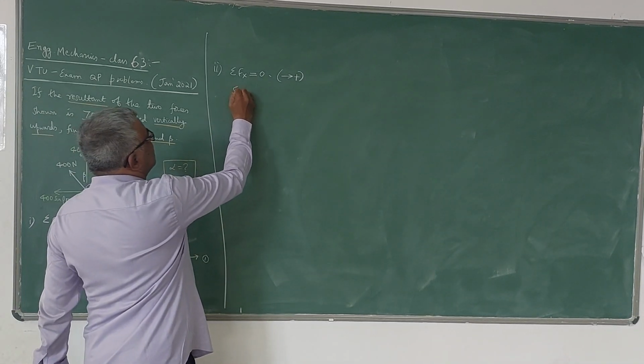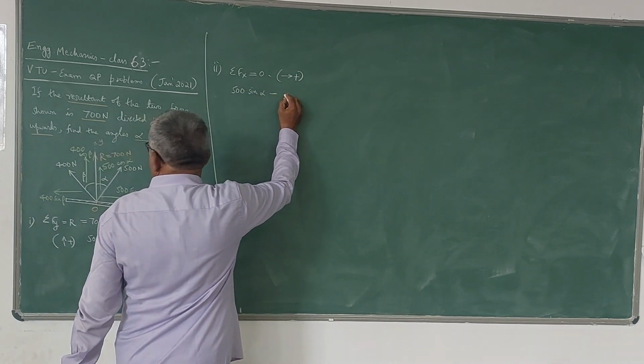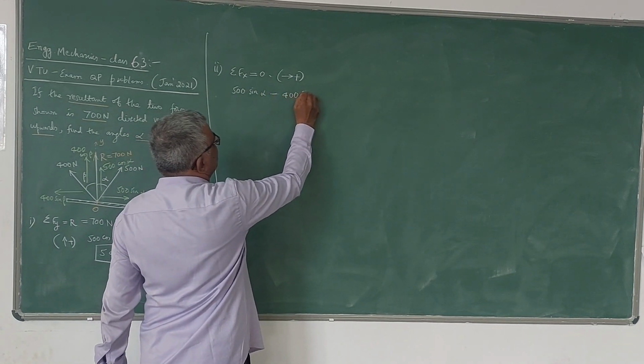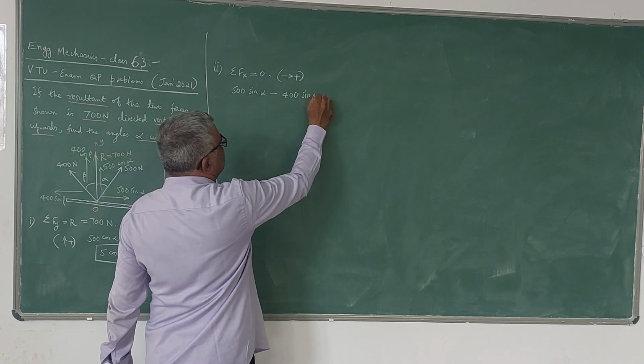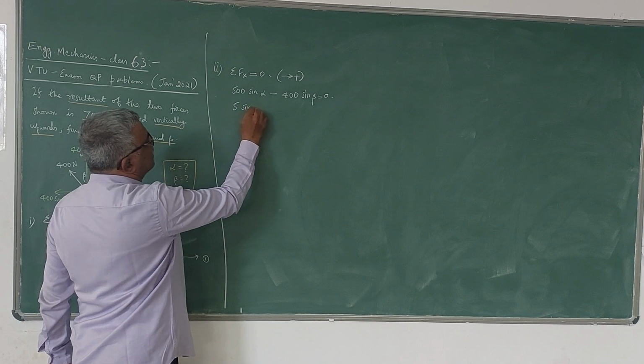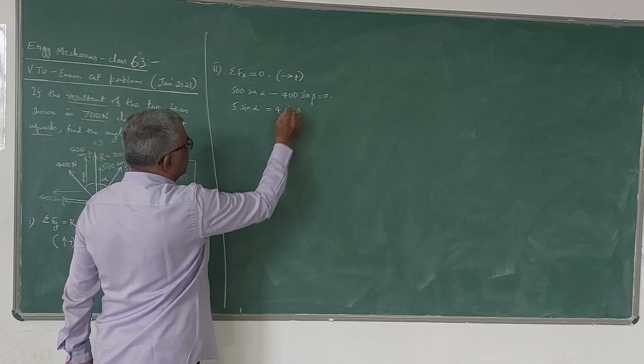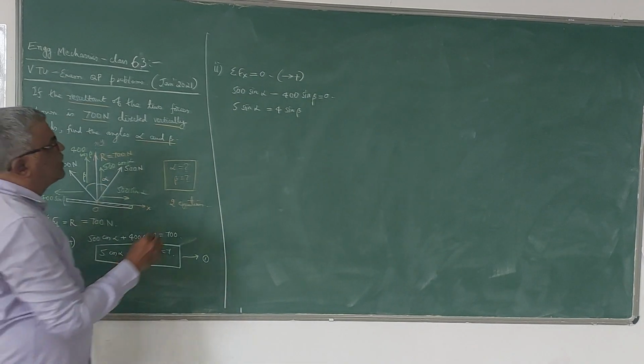If you use that, 500 sin alpha minus 400 sin beta is equal to 0. Or you can write this, dividing by 100, as 5 sin alpha is equal to 4 sin beta.